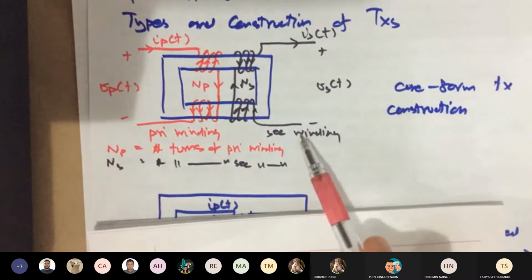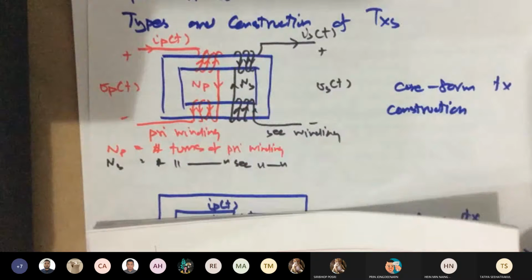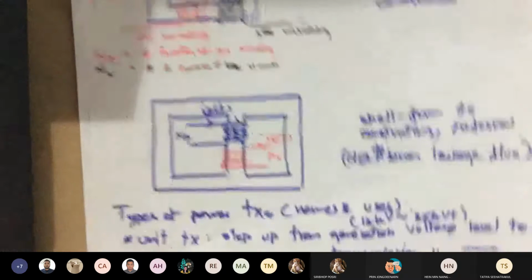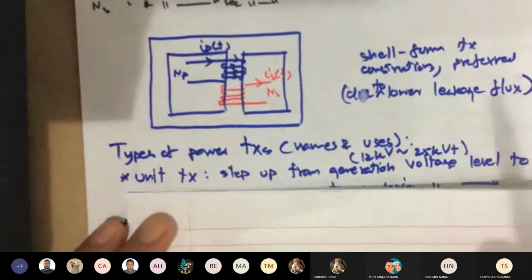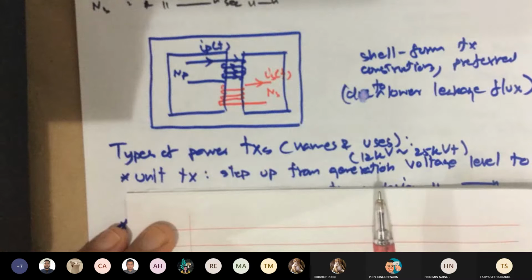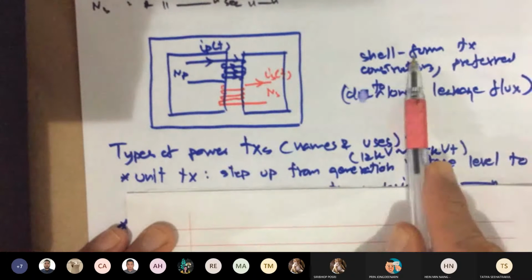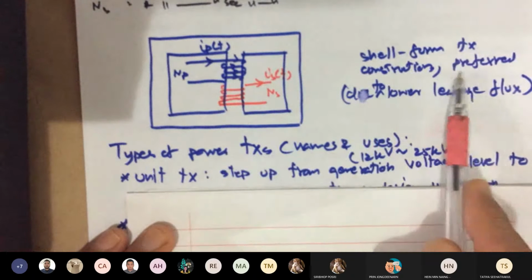Secondary winding automatically means output connected to the load. These are what we call core form constructions. We can also have a more practical construction, which saves losses and gives better performance. This is what we call a shell form construction.